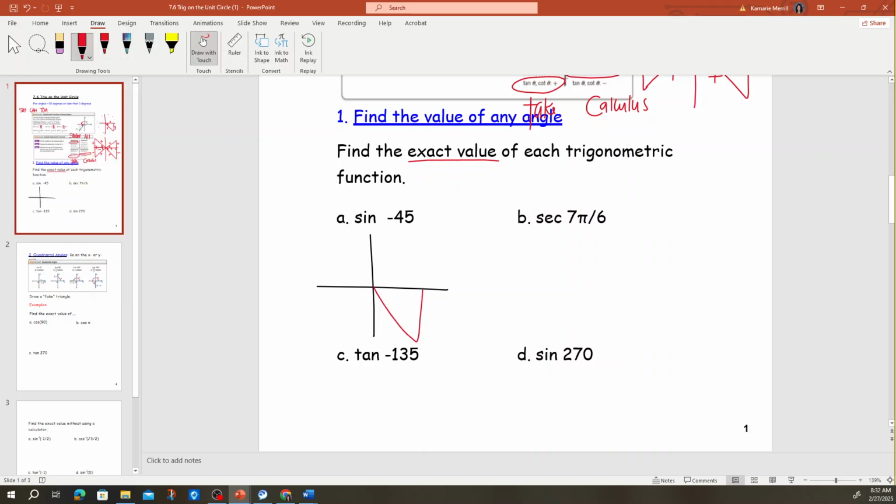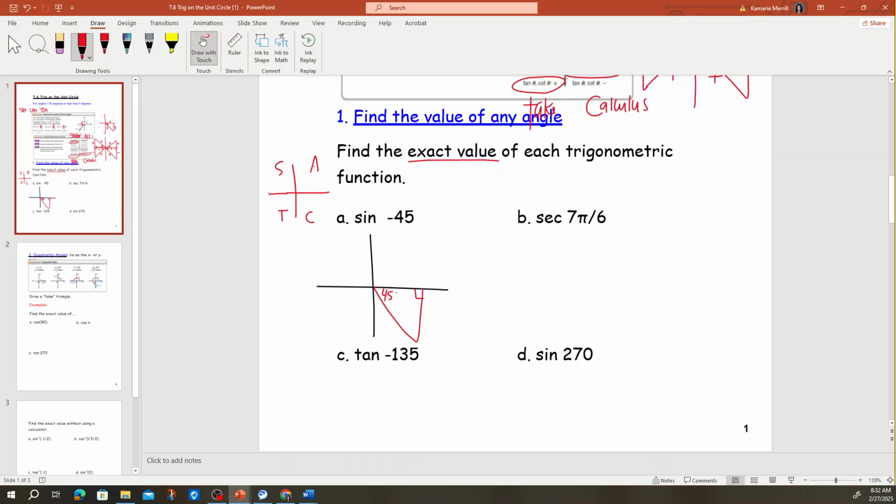I know that this is going to be a 45-degree reference angle. So in regards to recognizing that all students take calculus, will the sine ratio be positive or negative in that quadrant? Negative. Yes. Remember that, because we might forget to label this negative.